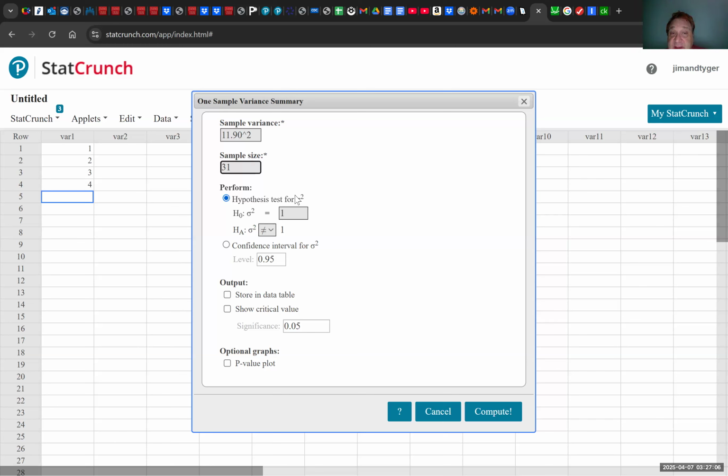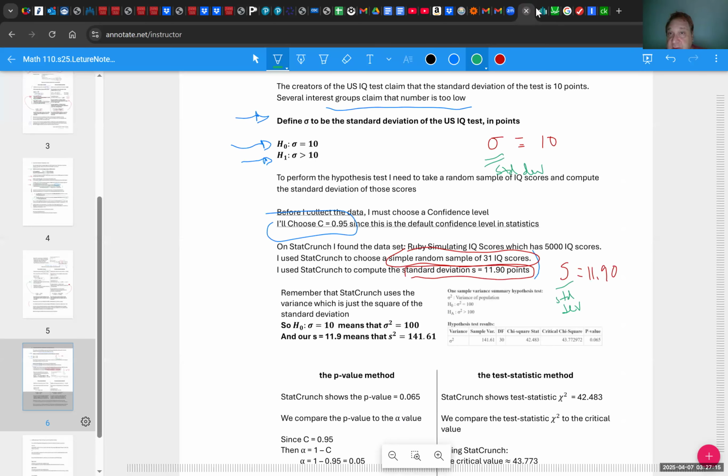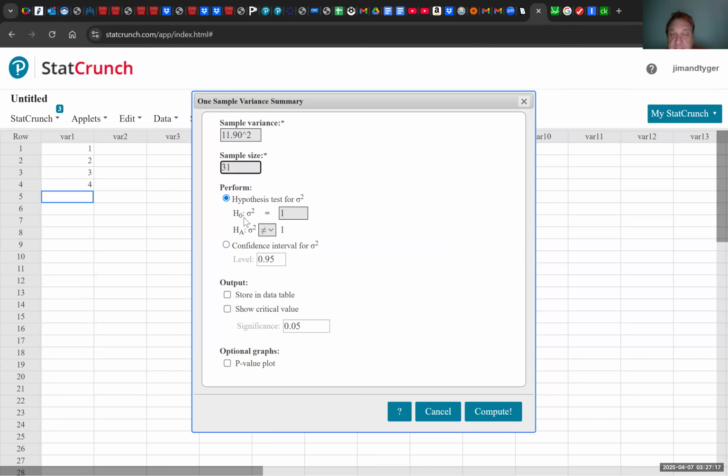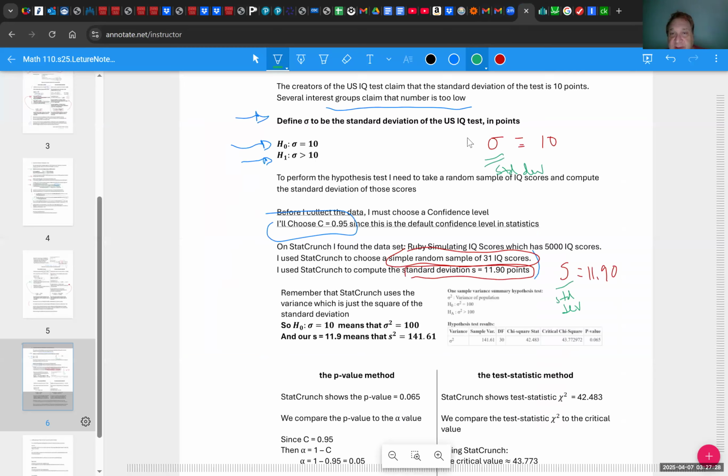I need a hypothesis test. Remember, it's the square of sigma. So our null hypothesis was that sigma was 10. So that means our null hypothesis, or our sigma squared, is going to be 10 squared. And our alternative hypothesis, let's double check. I think it was a less than sign.